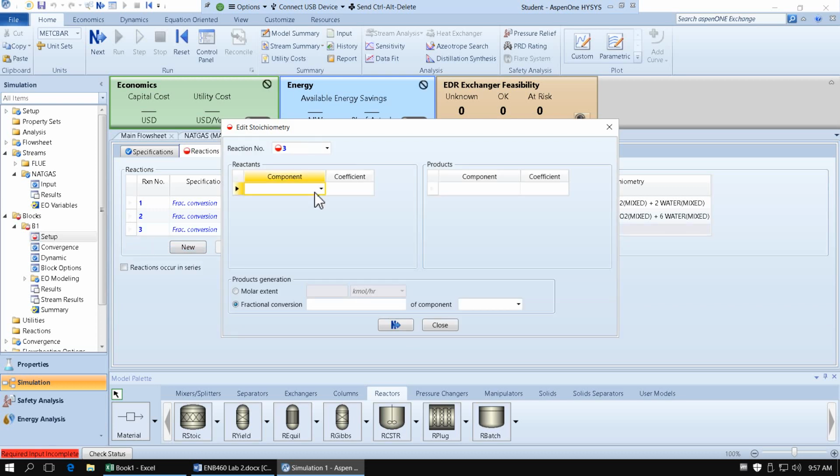Then we have propane, oxygen, carbon dioxide, water. Propane's 1, 5, 3, 4.